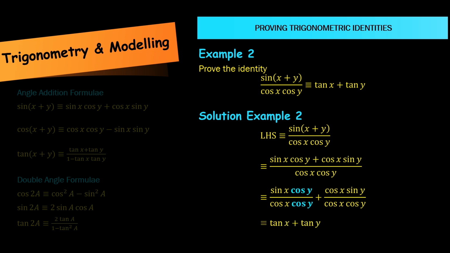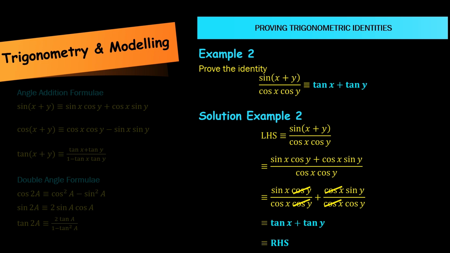We can cancel the cos y's as shown, and sin x over cos x is equal to tan x. We can also cancel the cos x's as shown, and we're left with sin y over cos y, which is equal to tan y. And so we have tan x plus tan y, which is identical to the right-hand side of the identity we're trying to prove.